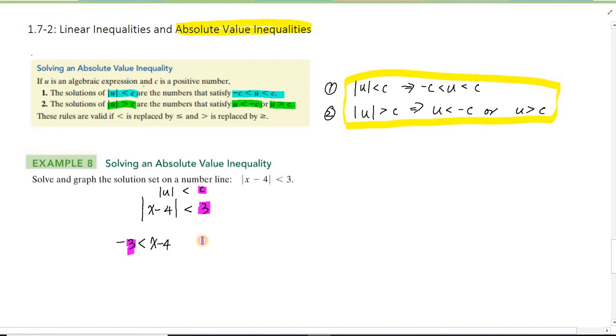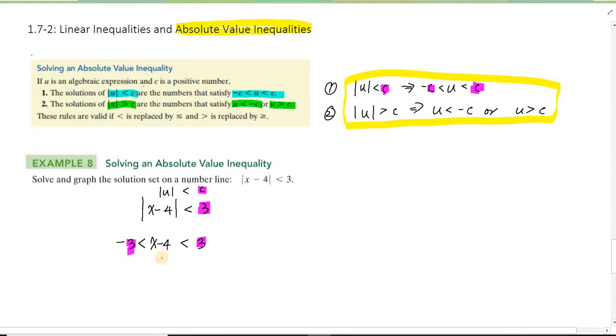And then this side is less than 3. So that's the main thing we need to know. If we have a less than, we set u between negative c and the positive c. Once we have this, we actually turn it into the compound inequality.